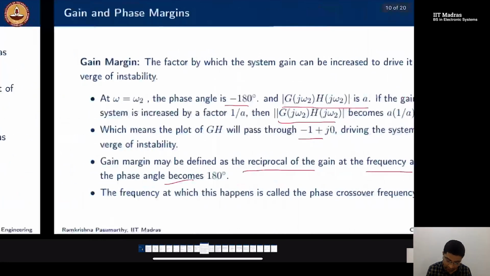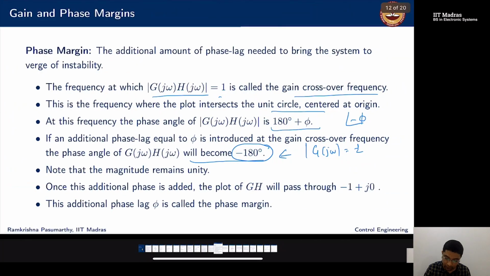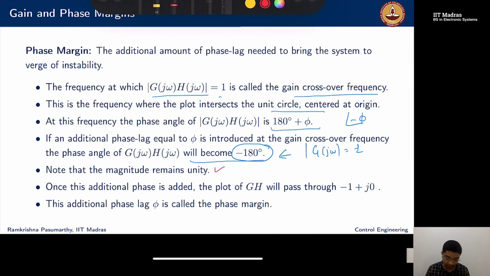Here, note that the magnitude remains unity. And once this additional phase is added, the plot will go through the point minus 1 plus j 0. And this number phi will now be called the phase margin of the system.